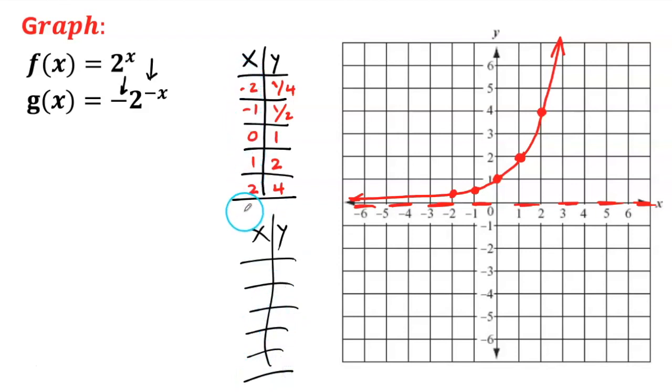So all these signs will change because this is a reflection. Remember, this is a reflection over the x-axis and this is a reflection over the y-axis. So both will change. So this -2 turns into 2, 1, 0, -1, -2. All of them will change sign, and all of these that are positive will turn negative.